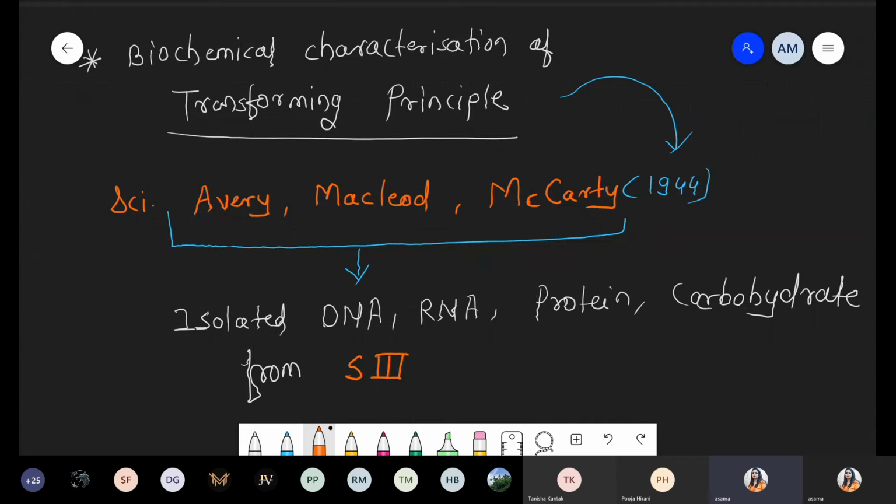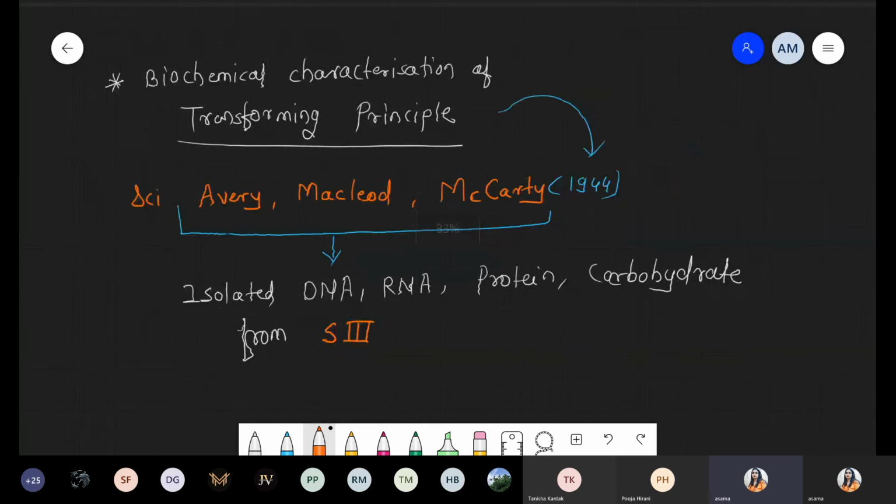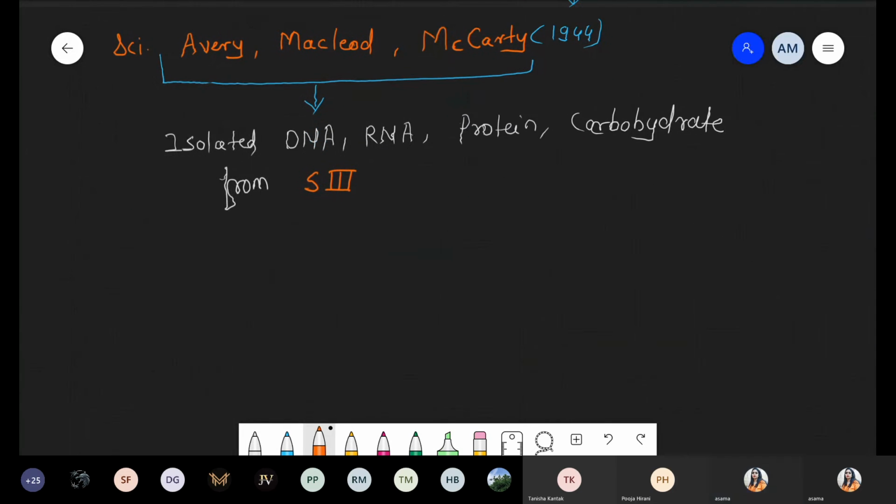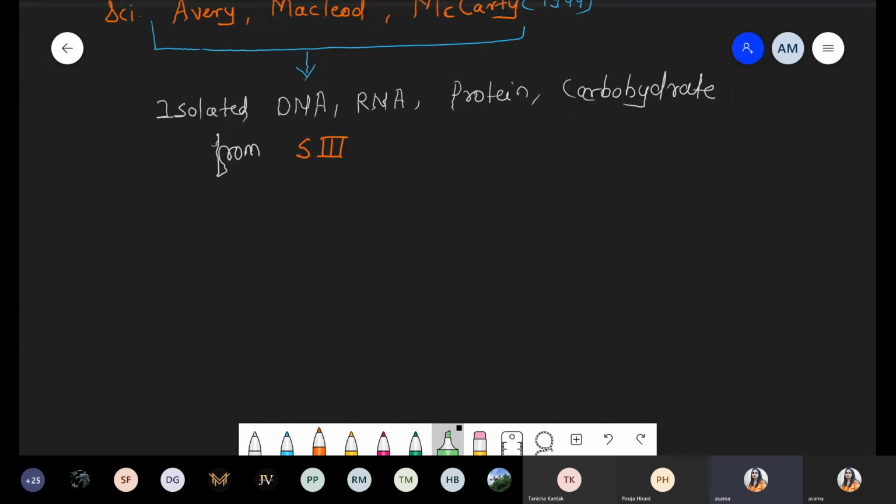These are pathogenic. The same experiment was carried out from the smooth strain. Now what happened? They performed some experiments. We are drawing the test tube. हम थोड़े test tube draw करके ले रहे हैं.